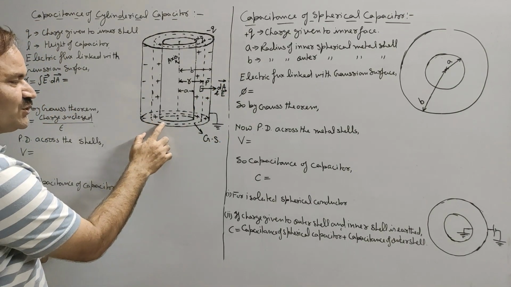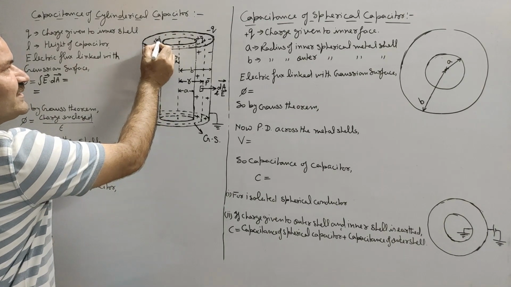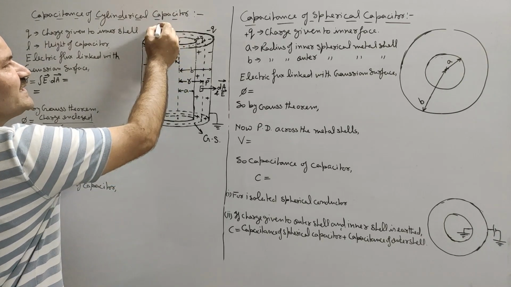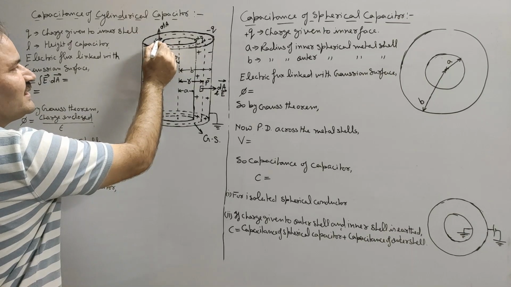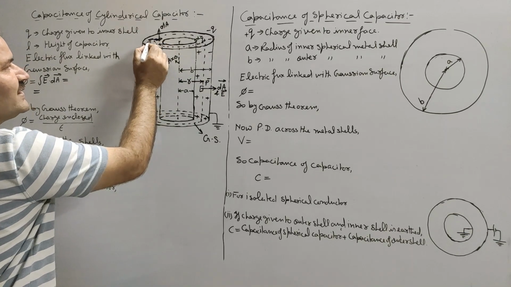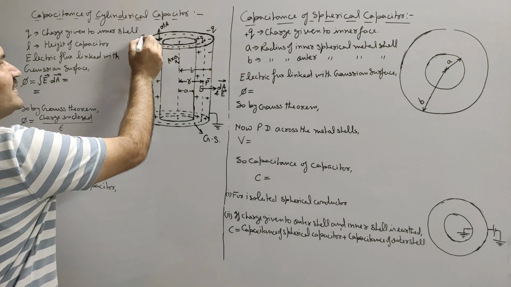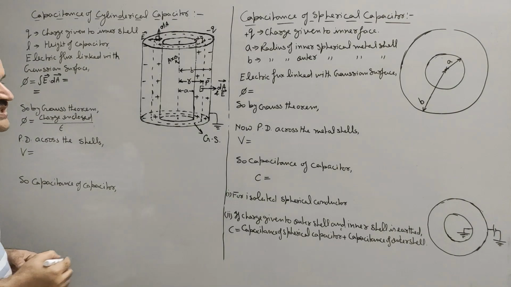If we come to the flat surfaces of the Gaussian surface, then for flat surface, area vector will be along the axis of capacitor, while electric field will be away from the axis of capacitor. So electric field and area vector will be perpendicular to each other.